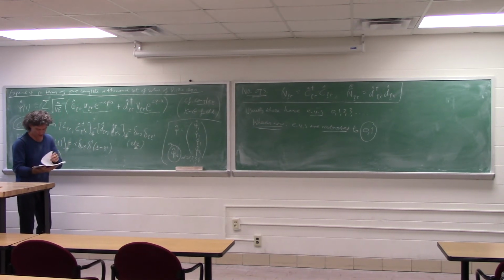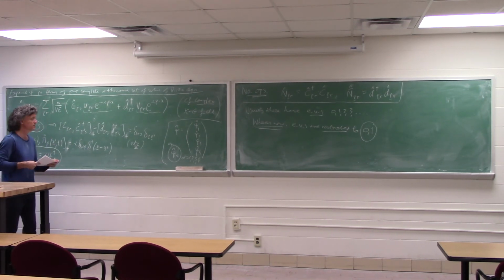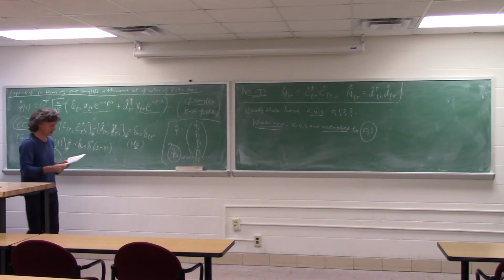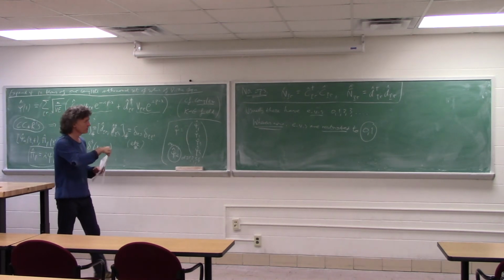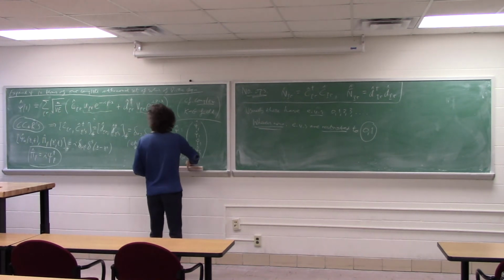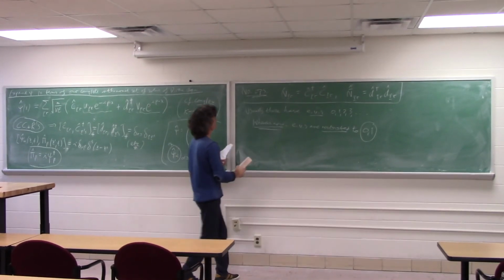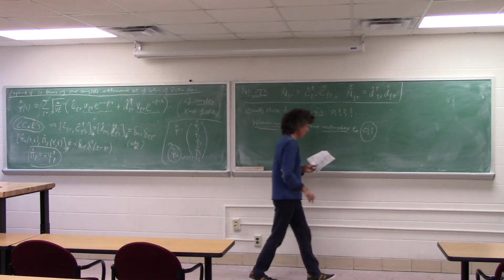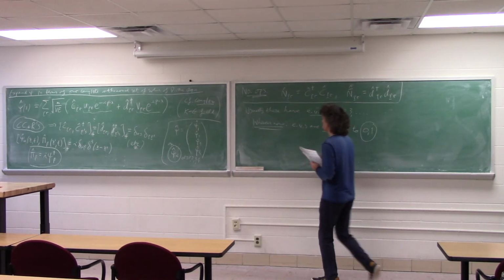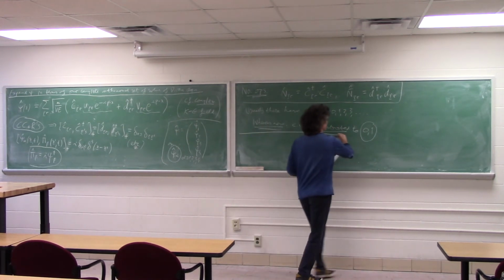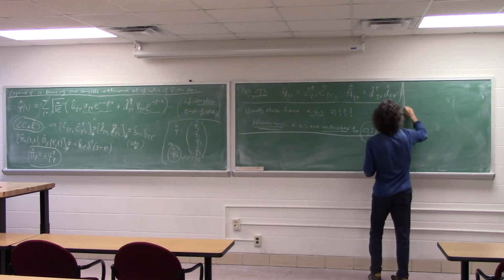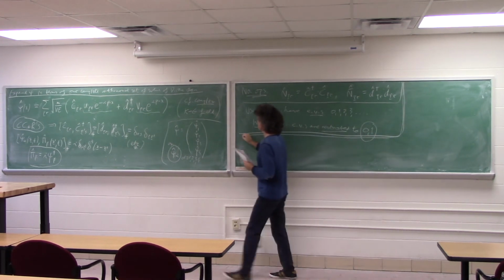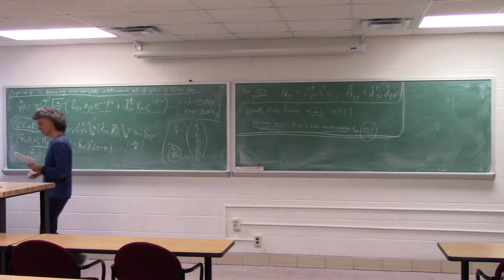Now, let me just show you quickly how that works. A little detour. So before we continue with our quantization, let's just do a little detour and see if we can justify this.